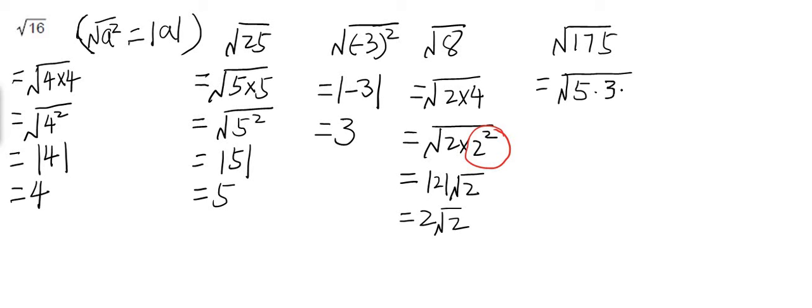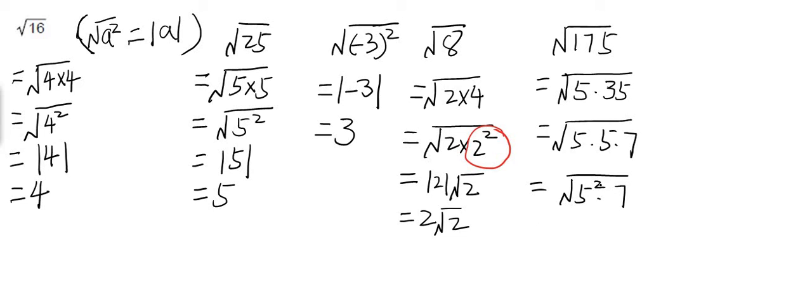Is 35, right? 35. And then for the 35, we can easily find a factor, which should be 5 times 7, right? 5 times 7, and then you can tell that should be 5 square times 7.